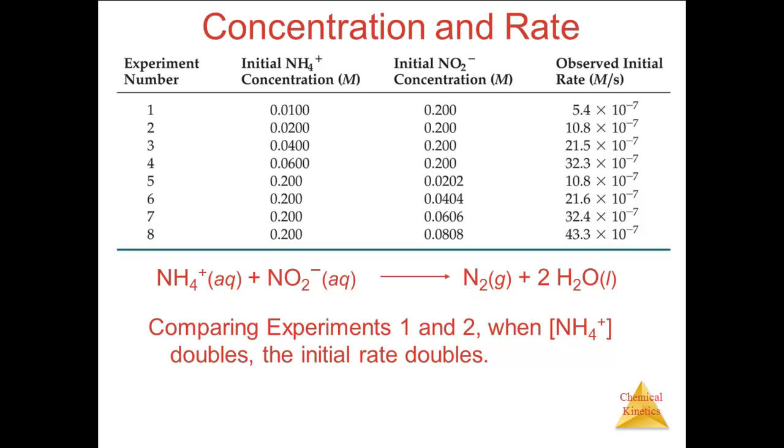Looking at experiments 1 and 2, we see that when the concentration of NH4+ doubles, the initial rate doubles as well. Picking any other pair of the first four, we see the same kind of relationship. For example, in looking at experiments 2 and 4, the concentration triples, and so does the rate.